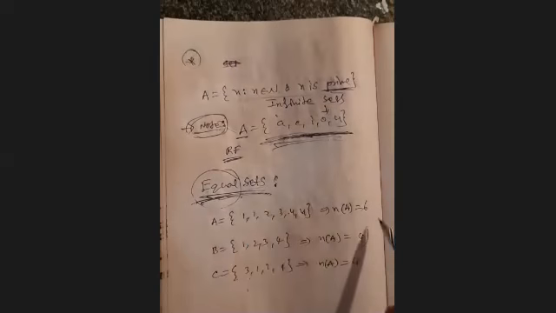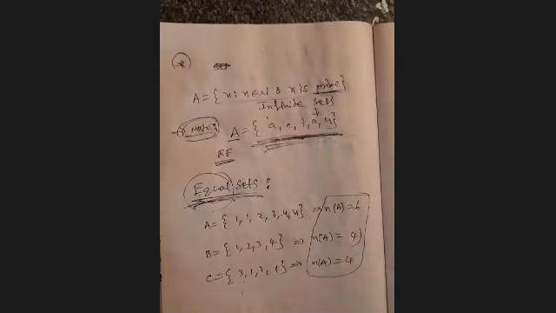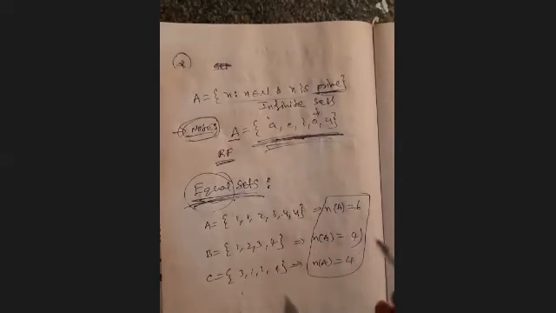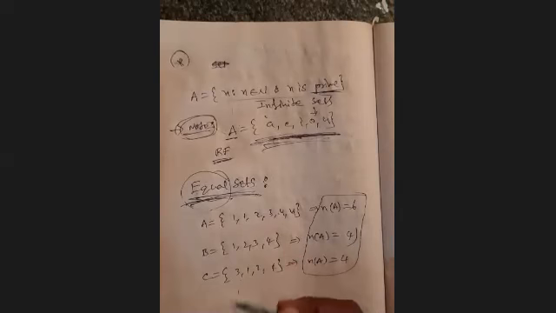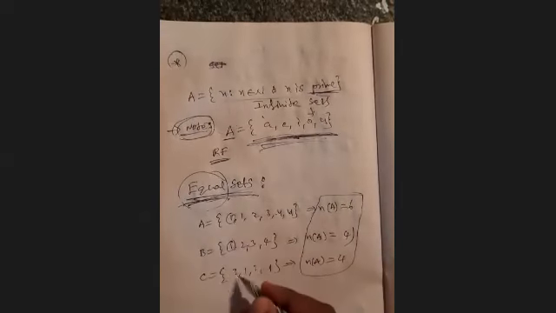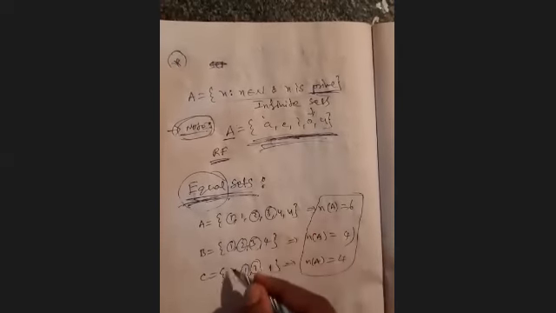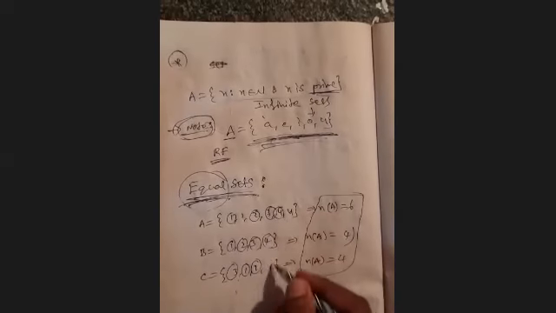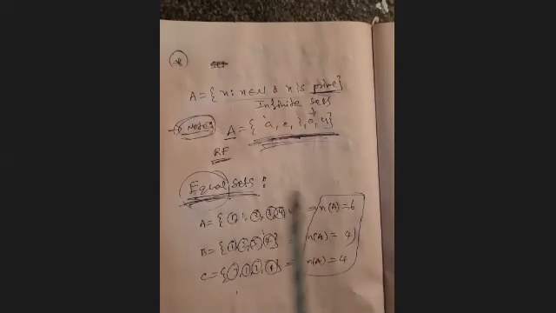For equal sets, this is not important. The number of elements, how many, greater or less, is not important, but the numbers present should be the same. It doesn't matter if the numbers are repeated twice, thrice, 4 times, 5 times, whatever.